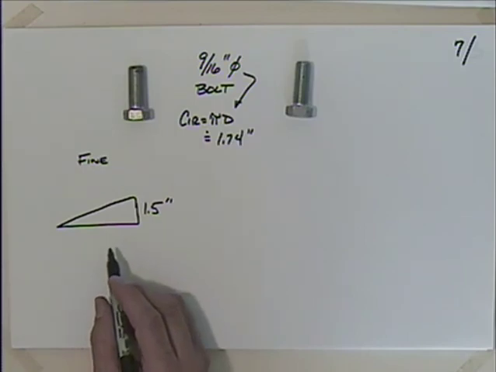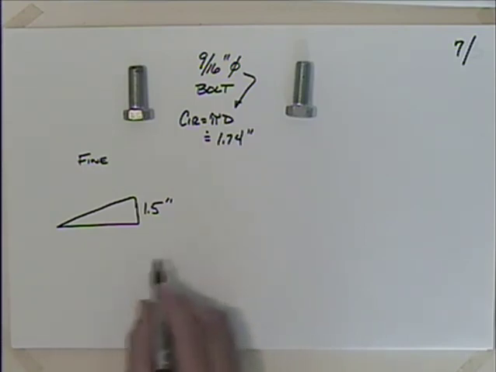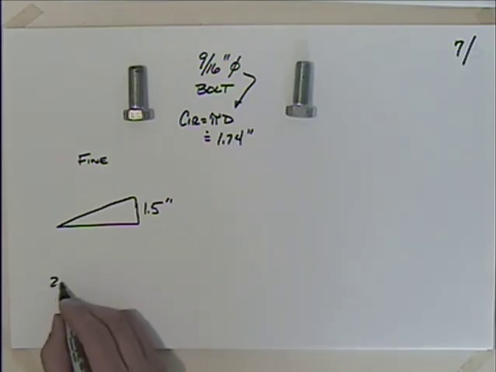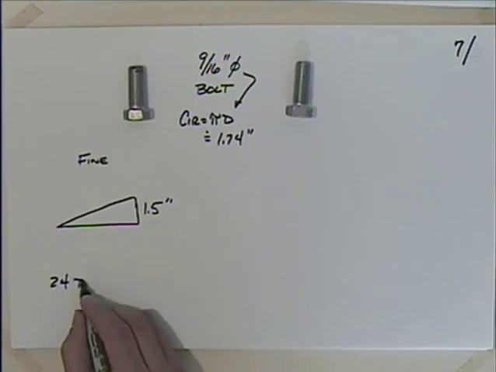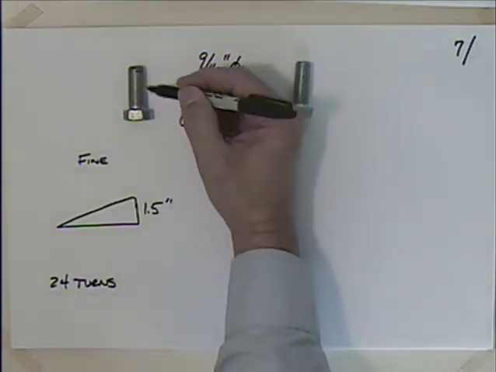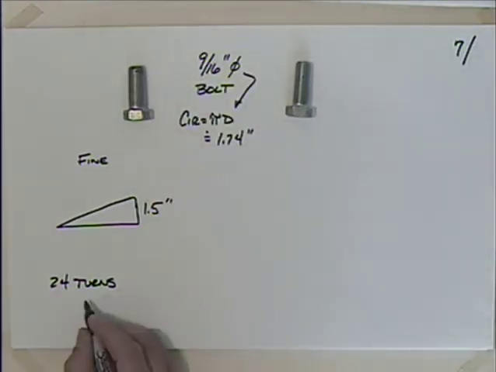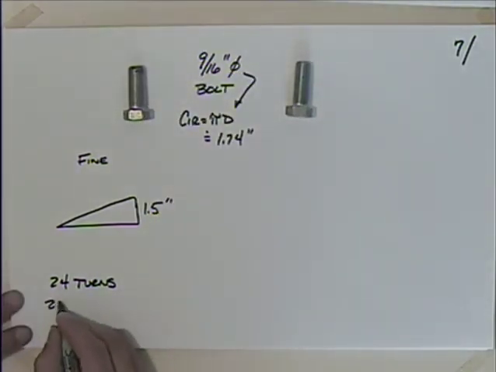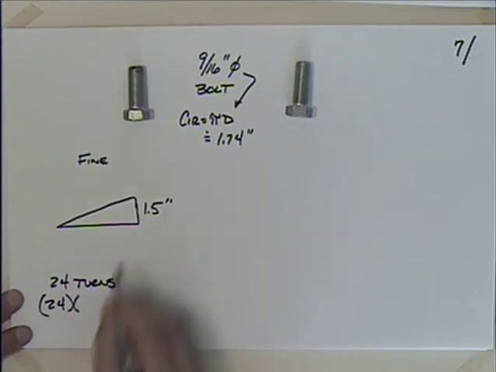And we have, what, 24 turns? Okay, 24 turns. So if you count the turns, there's 24 turns or 24 threads. So I'll take this as 24. I'm just being approximate here. 1.74. I should probably say 1.75 or 1.77.